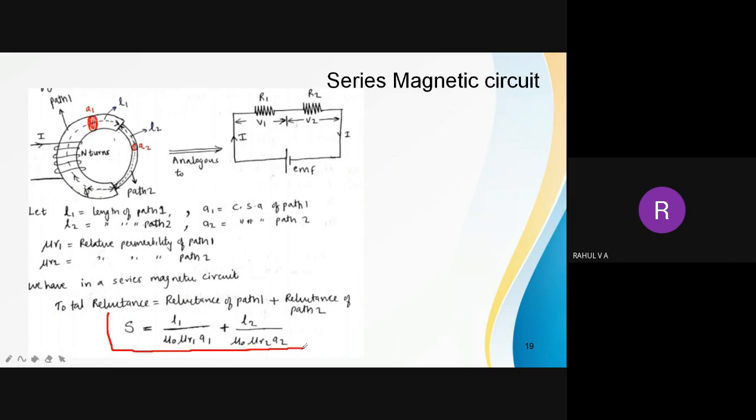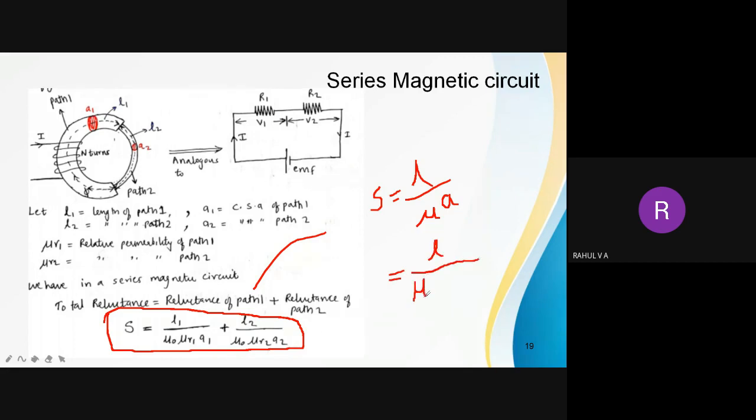And then we have seen the equation. So total reluctance S is equal to the reluctance of path 1 plus path 2. The reluctance equation we know is L divided by mu A. We can rewrite this equation because mu is the permeability. In terms of relative permeability, you can write mu 0 into mu R, absolute permeability into relative permeability, into area.